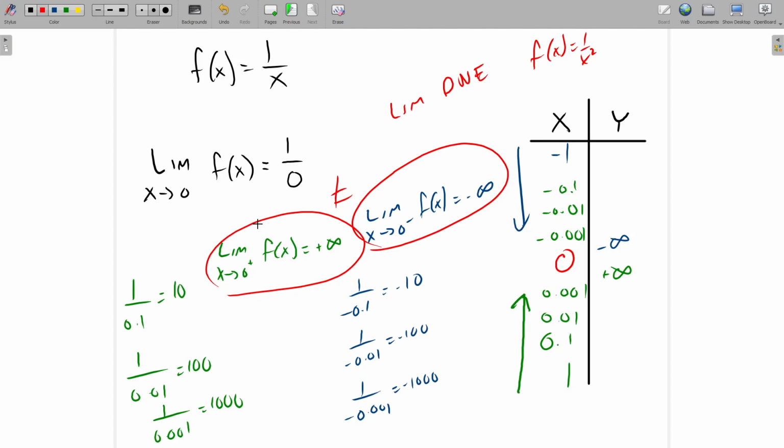If they're both negative infinity from the left and from the right, then you can say that the limit as x approaches that number is negative infinity. This is the process, and we can apply it to any function that has a vertical asymptote to identify what's happening to the left and to the right of that asymptote and identify if there is a limit that exists there.